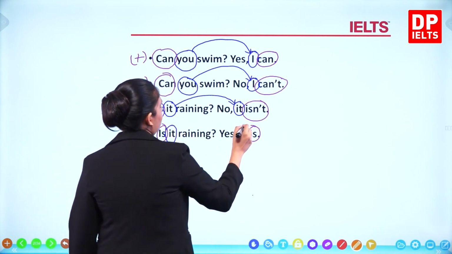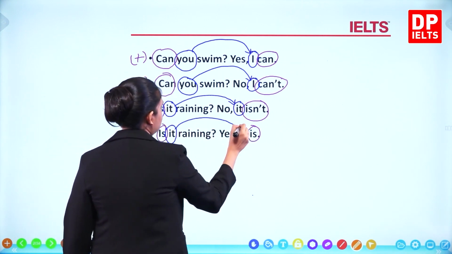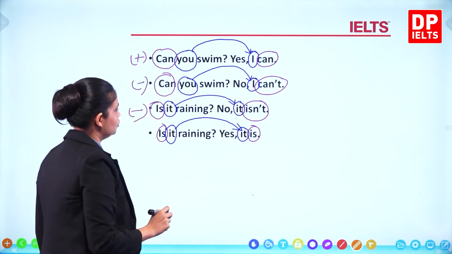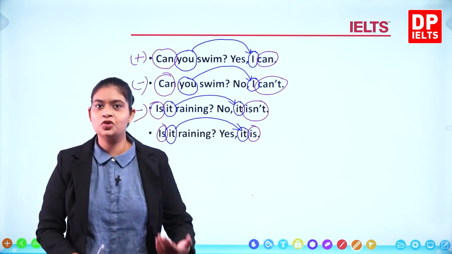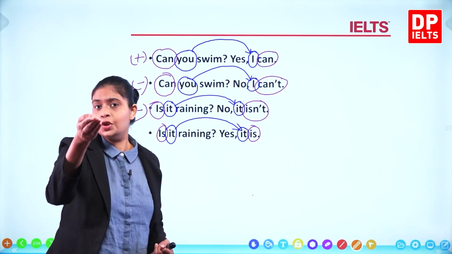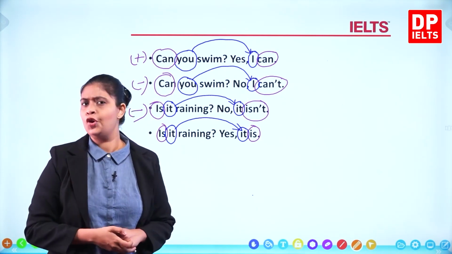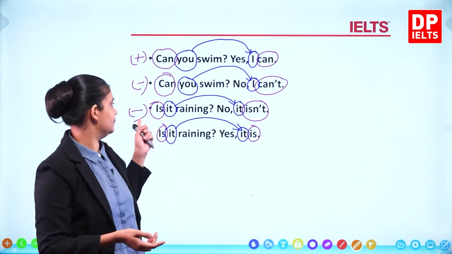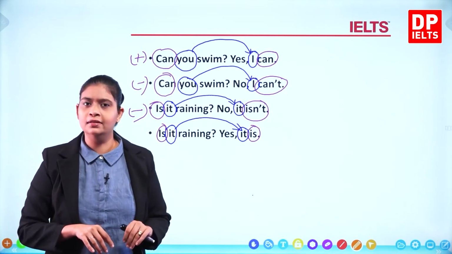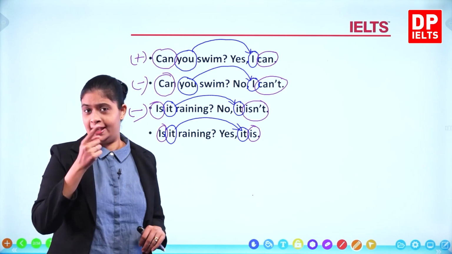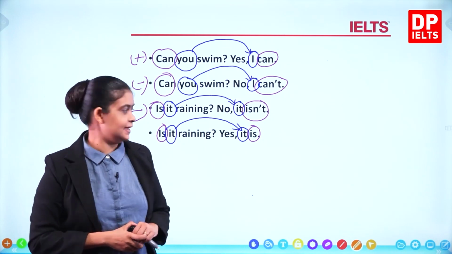It remains it. Right? So let's try this again. Can you swim? Yes, I can. Can you swim? No, I can't. Is it raining? No, it isn't. Is it raining? Yes, it is.